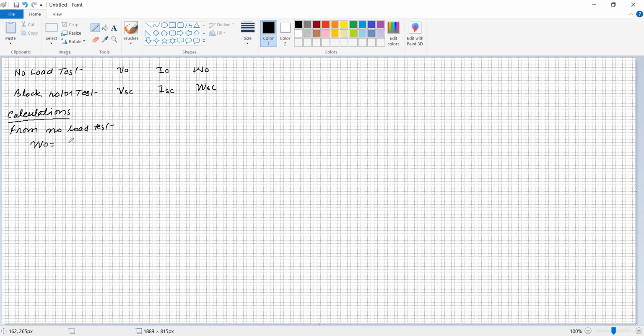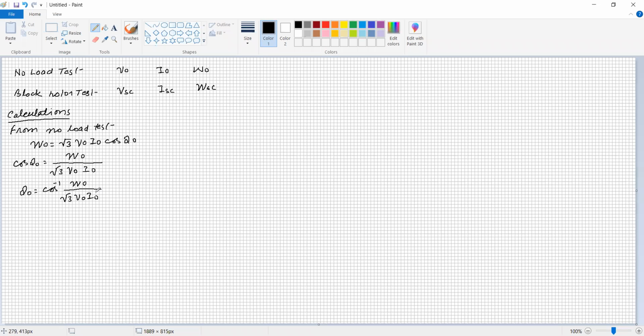From this no load test, W0 is equal to √3 V0 I0 cos θ0, because it is three phase. Therefore cos θ0 is equal to W0 upon √3 V0 I0, and hence we can calculate θ0 is equal to cos inverse of W0 upon √3 V0 I0.